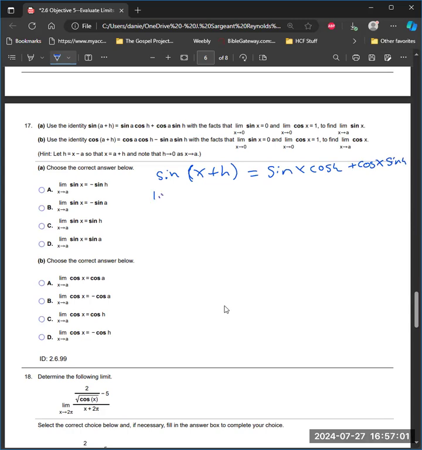So limit as x approaches a of sine of x plus h equals limit as x approaches a of all of this.